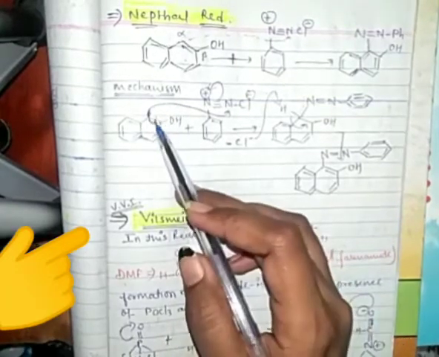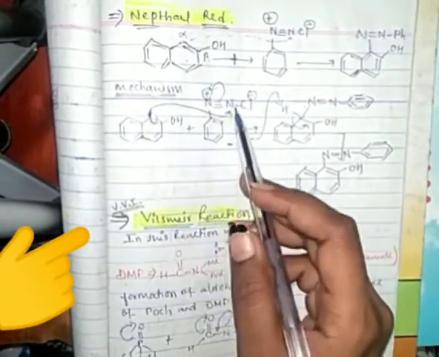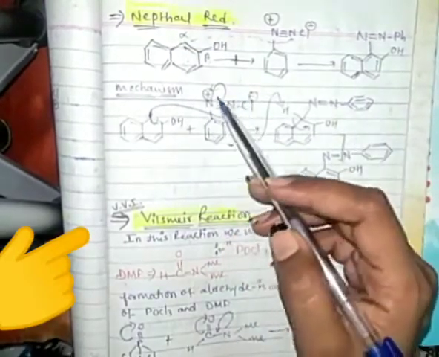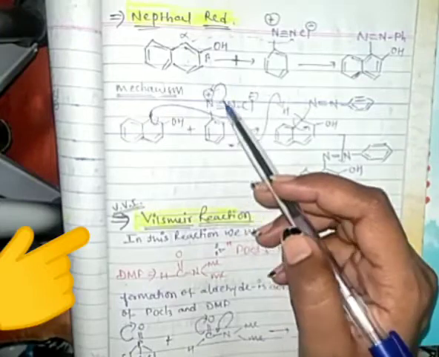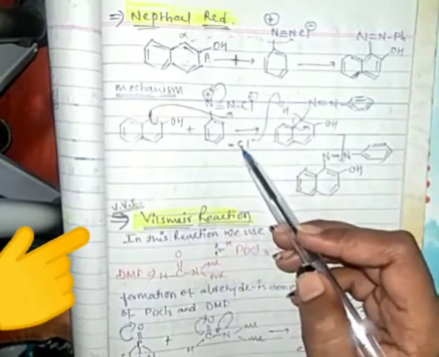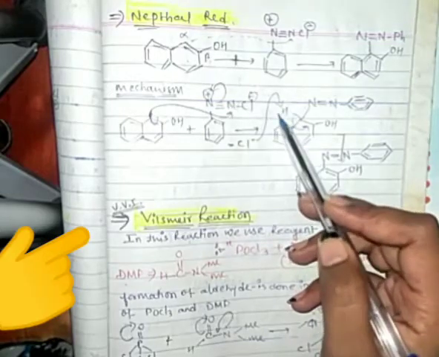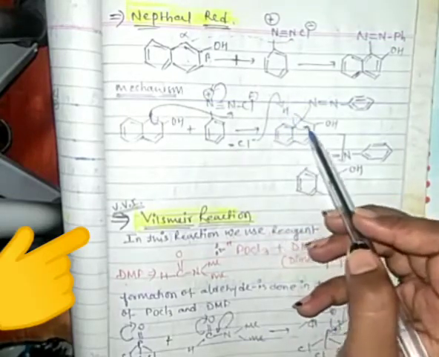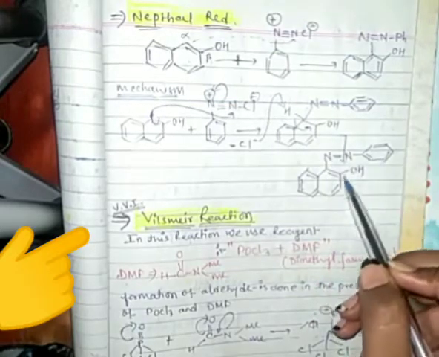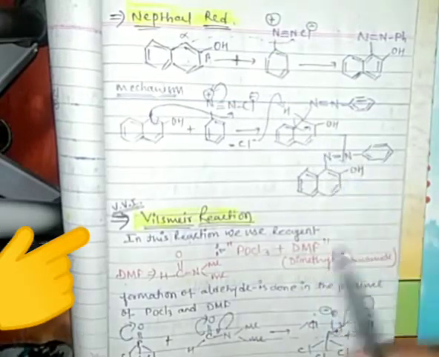In this the pi bond of benzene attacks on nitrogen, and this bond is shifted there, and next this comes back, and chloride is removed, and next again chloride attacks and abstracts this hydrogen and the bond is shifted there and aromaticity is gained and we get naphthol red.